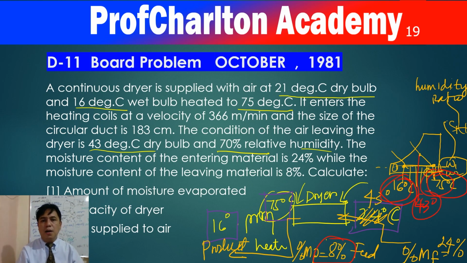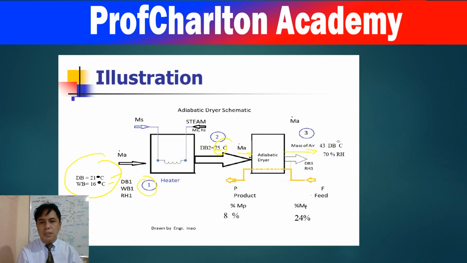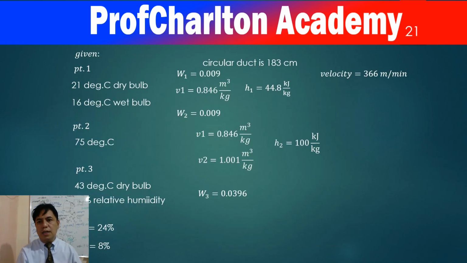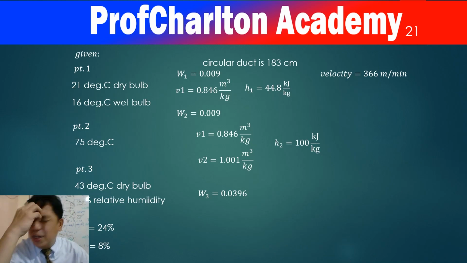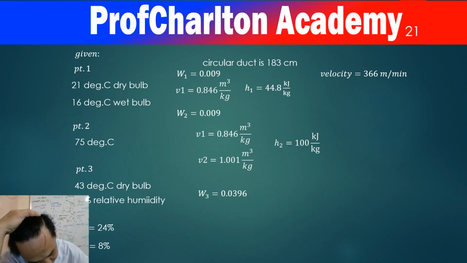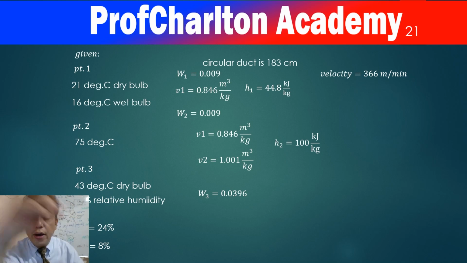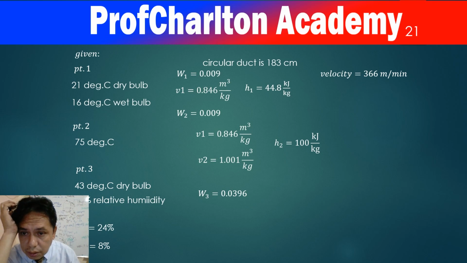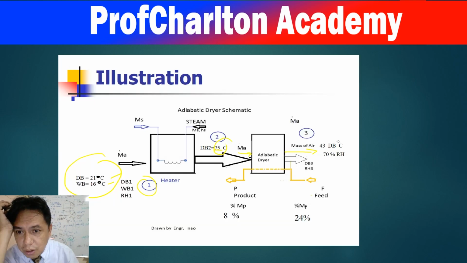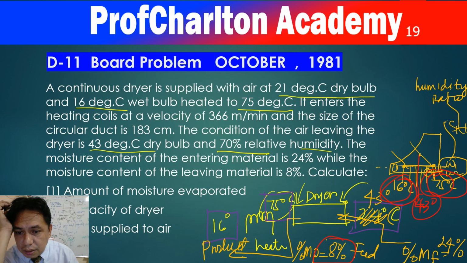So now we are going to take up, first, the points that are given, and then we will try to get the data from the psychrometric chart. Now, before we do that, let us be clear about what is being asked of us.